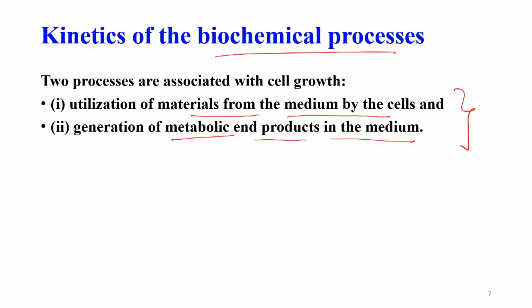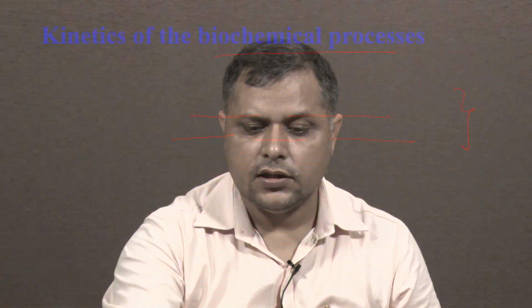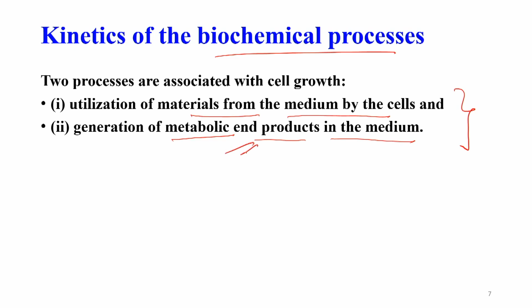What it indicates is that there are n number of metabolic reactions ongoing. Some of them are leading towards the growth of the cell, some of them towards the generation of certain metabolites. Once we put the cells in the medium, there is a certain interaction between the environment and the biological phase.